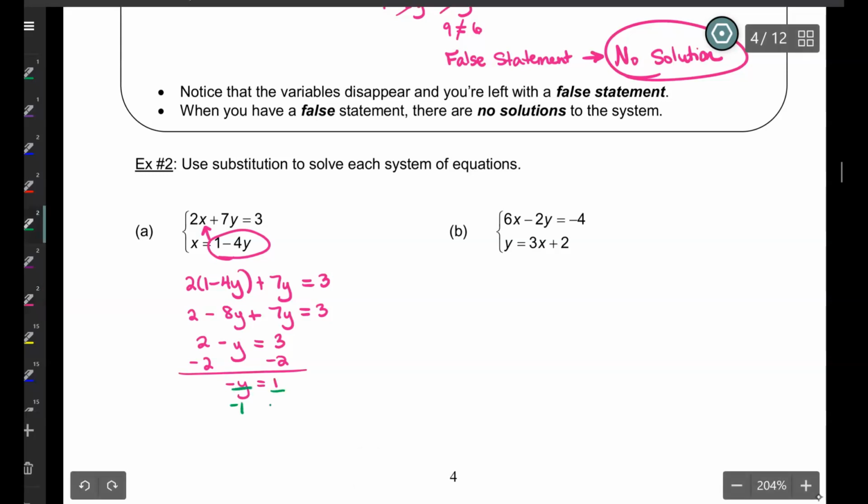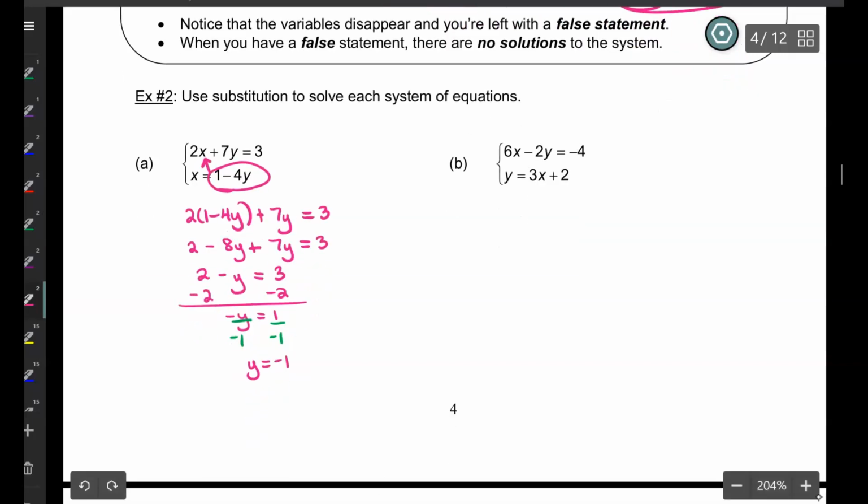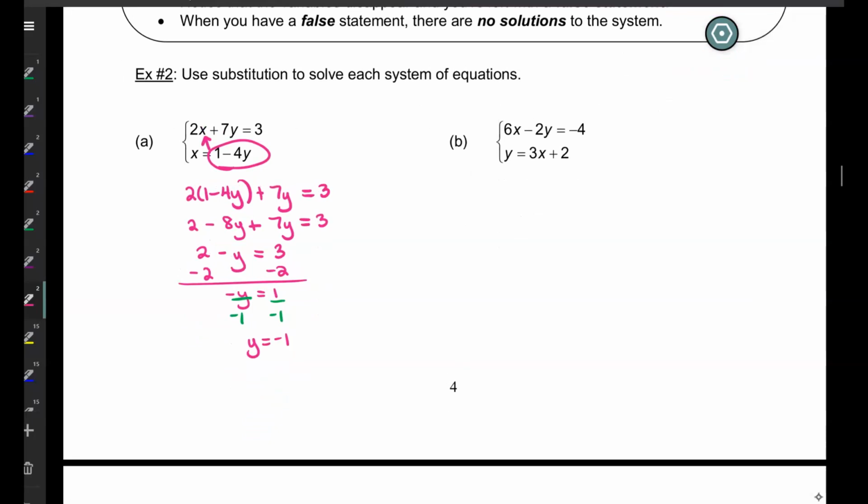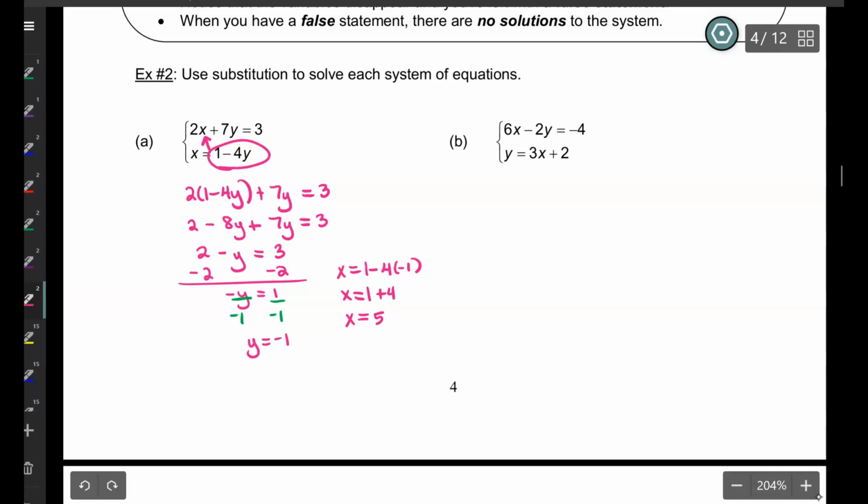And I got to get rid of that negative sign. So I get y is -1. I have to find my x value. So I'm going to plug -1 into that second equation. So that's going to give us 1 plus 4. So x is 5. So we'll put that together and get 5, -1.